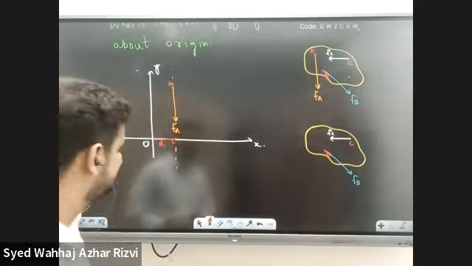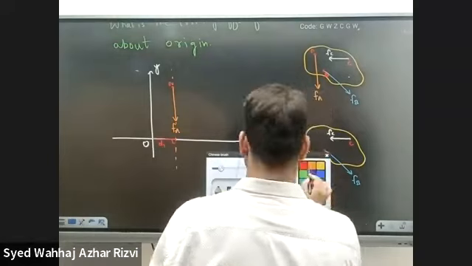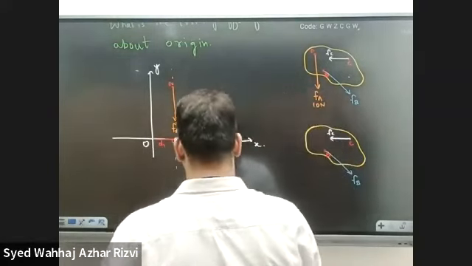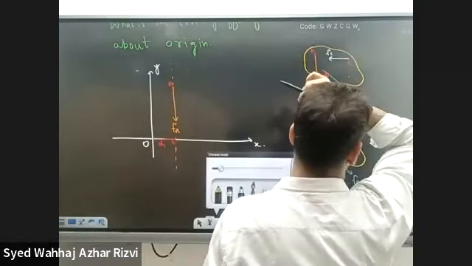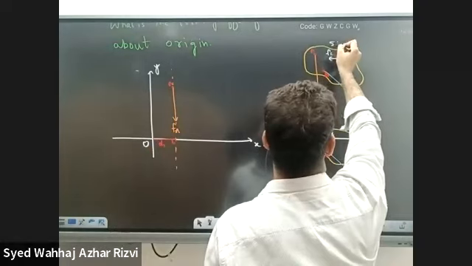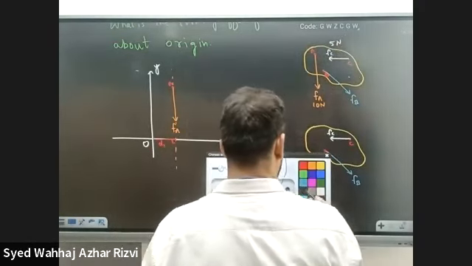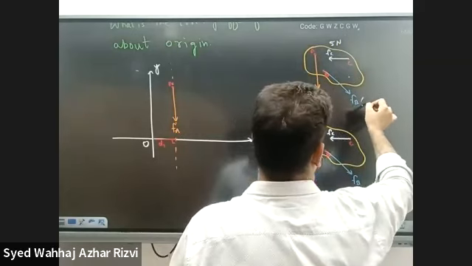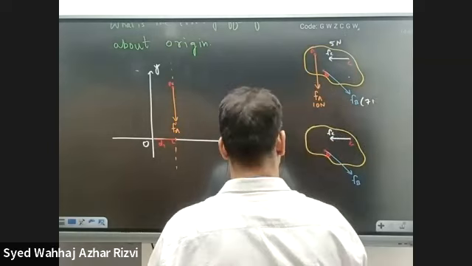Okay. Let's write down the values. Let's say the F1 force is 10 Newton, the FC force is 5 Newton, and the FB force is 7 Newton.